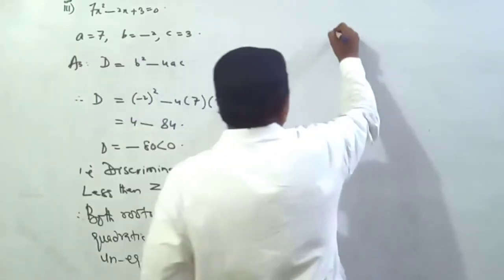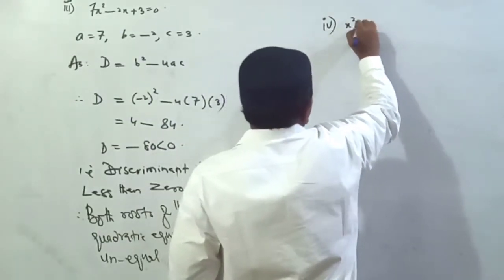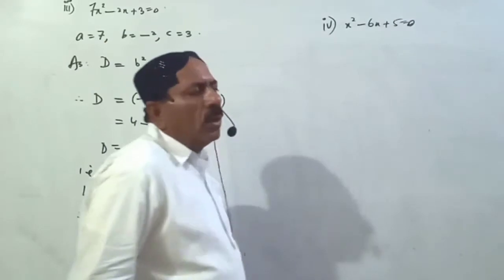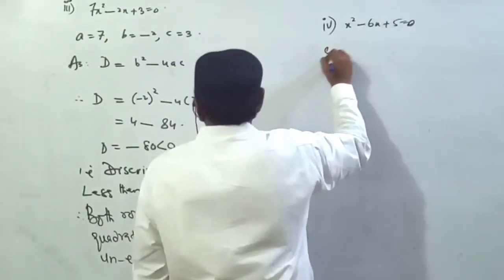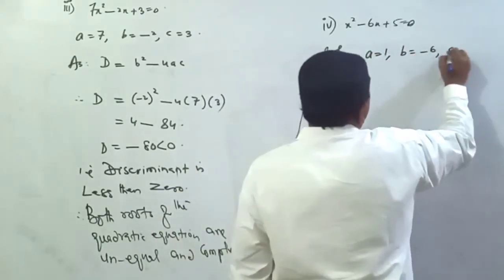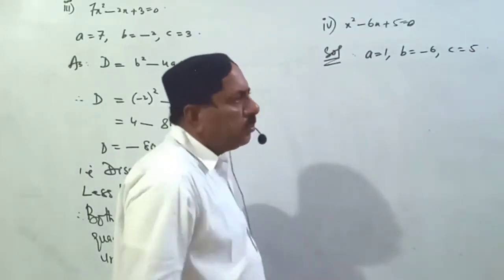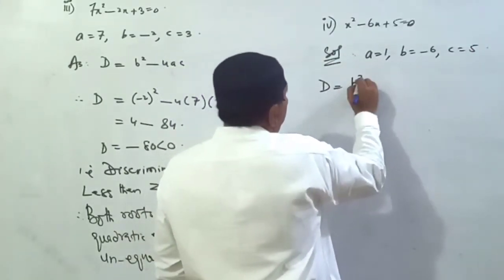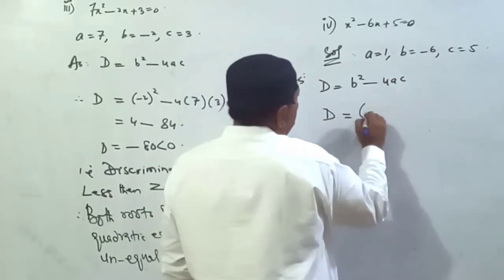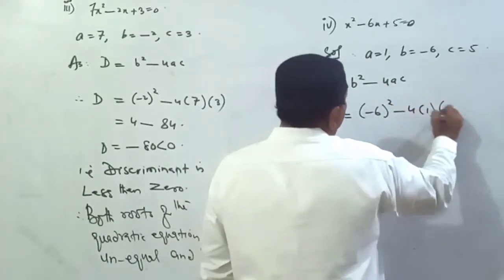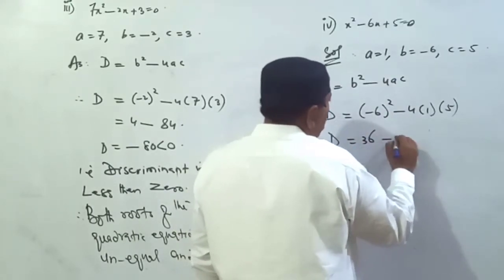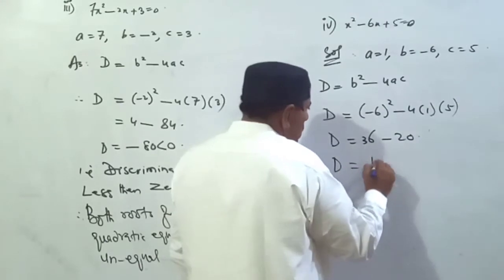Number 4 is x square minus 6x plus 5 is equal to 0. So, solution: a is equal to 1, b is equal to minus 6, c is equal to 5. As D is equal to b square minus 4ac, therefore D is equal to minus 6 square minus 4 into 1 into 5. So the discriminant is equal to 36 minus 20. So D is equal to 16.